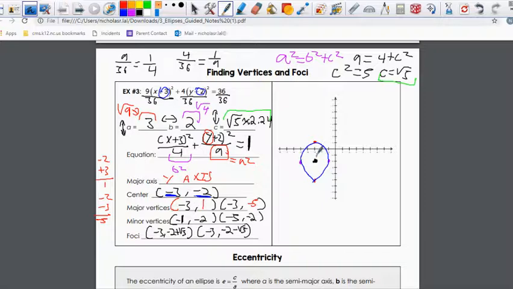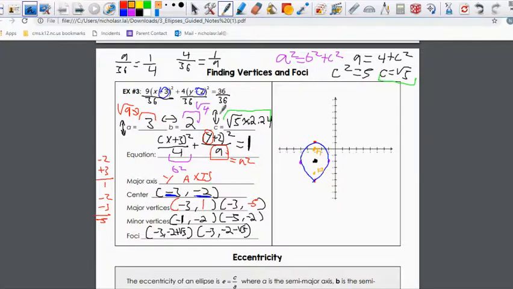We're going to be going up about 2.24 and down about 2.24. So we can put our foci around here. Call that F1 and F2. And so that is the ellipse.